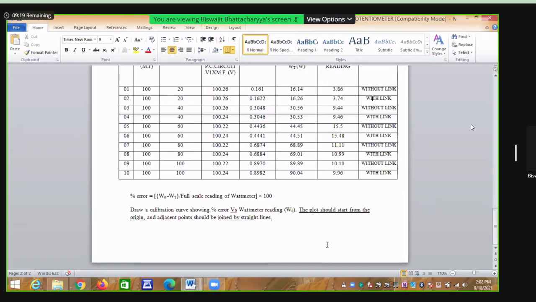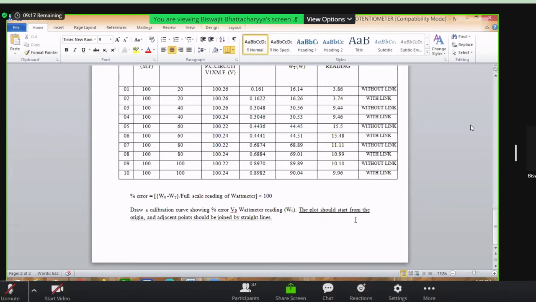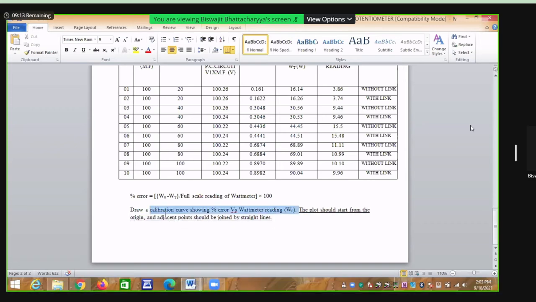Now all the points should join. The plot should start from the origin. It's given here. And adjacent points should be joined by straight lines. Why straight lines? Since we don't know the pattern of errors, which curve should we select to join the points? This is not defined.